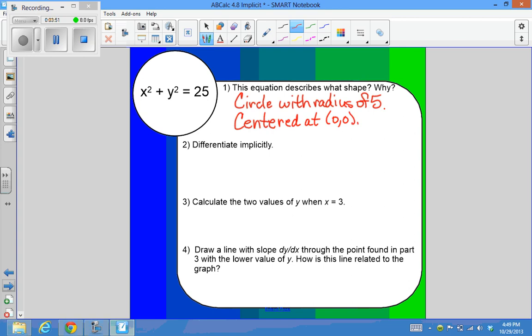All right, when it says differentiate implicitly, and we talked about this, x and y are on the same side, so you go through and take the derivative, just like you normally take a derivative. The derivative of x squared is going to give me 2x plus the derivative of y squared, that is just 2y, but because I am taking the derivative with respect to x, that's where we put that dy dx.